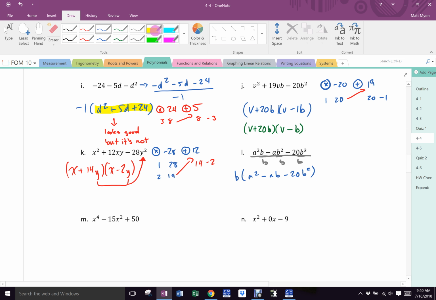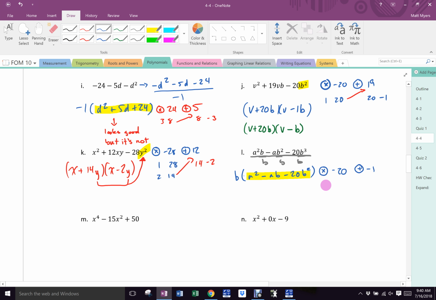Now this looks exactly like these guys with the squared at the end, yes? Does anything change? No. I multiply to what? Negative 20, and I add to what? Negative 1.